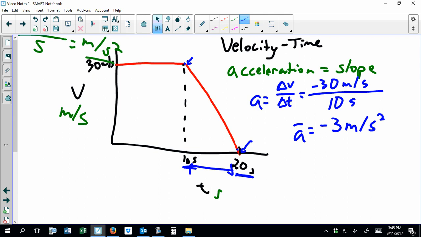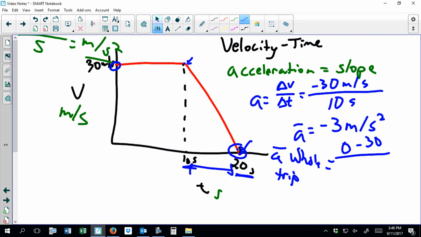If I wanted to know the average acceleration of the whole trip, I would just take those values that are for the whole trip. I would take this and this as my y and x initial and final values. So there I would say, all right, my final velocity is 0, I'm at the x-axis, minus my initial of 30, divided by my final time of 20, minus my initial time of 0. -30 over 20 is -1.5.